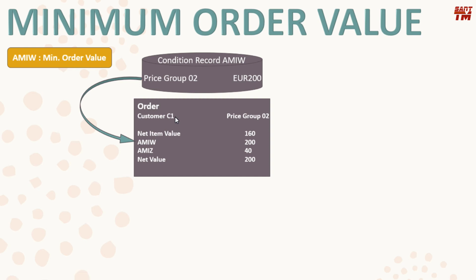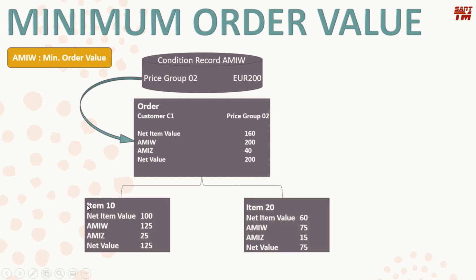Now this order is elaborated as item number 10 and item number 20, where the net item value of item 10 is 100 euros. So AMIW says that 125 euros would be the minimum order value. So AMIZ says 25 euros of surcharge would be charged on this item number 10 so that the net value becomes 125. 25 euros surcharge to this 100 euros, a total of 125.